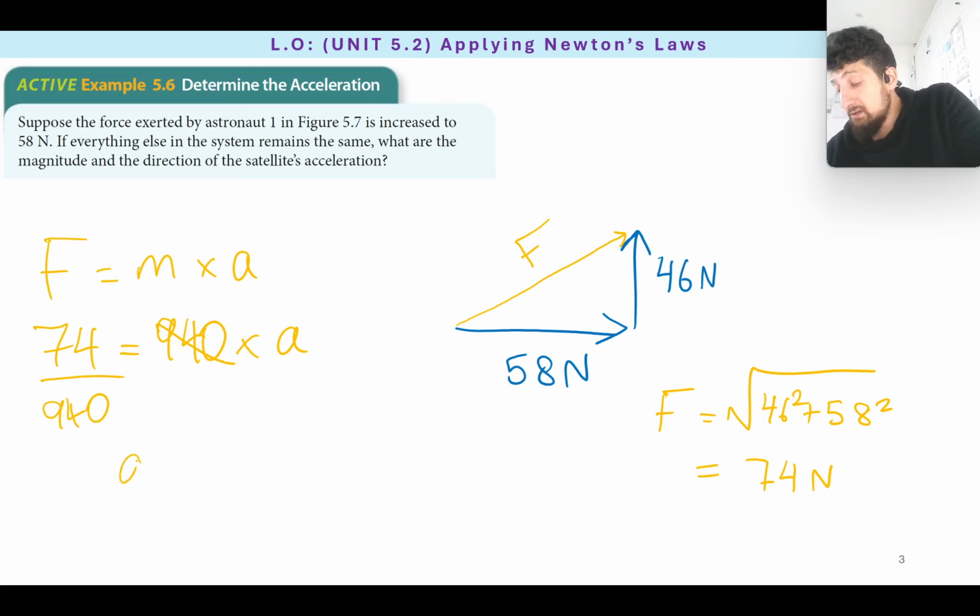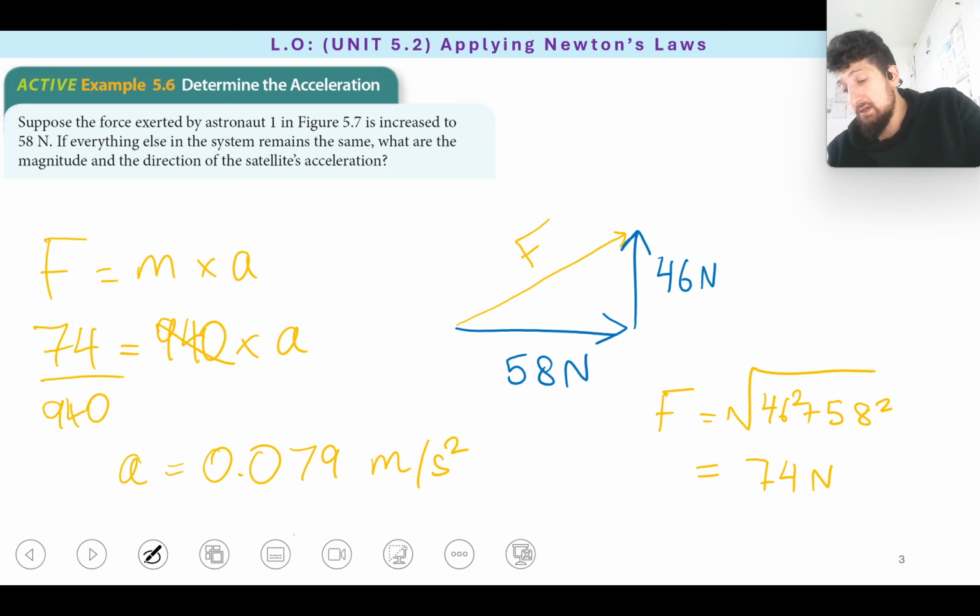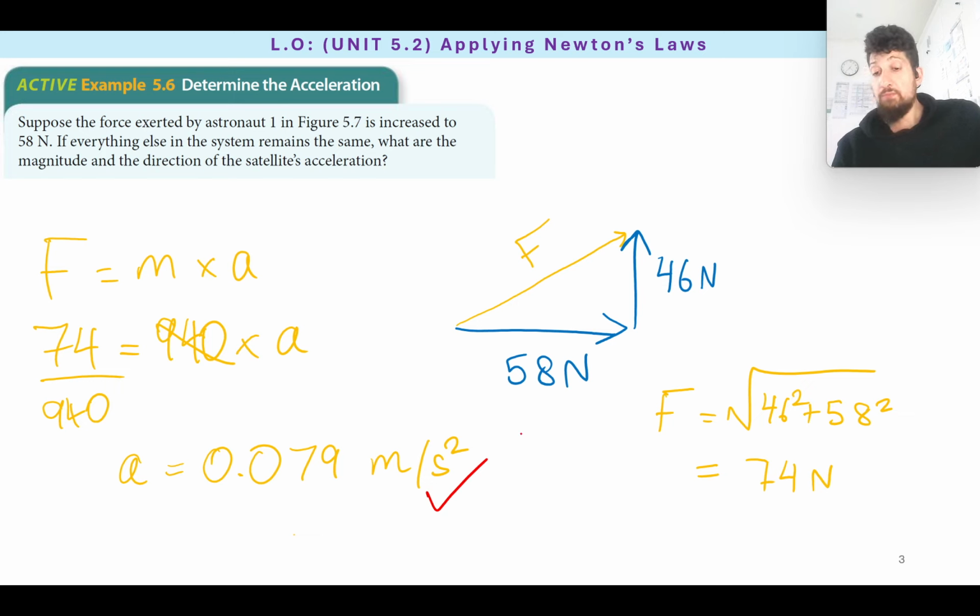This time the acceleration is equal to, for those of you that have worked it out, you can check your answer with me, 0.079. Okay, are we working with two significant figures? Yes, we are. Meters per second squared. And that is the answer. Okay? That's the answer to that one.